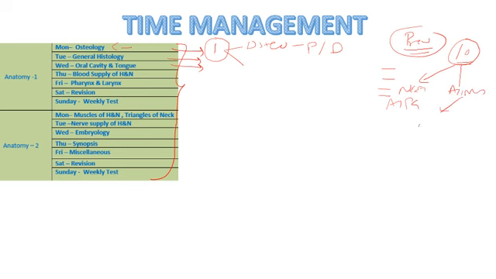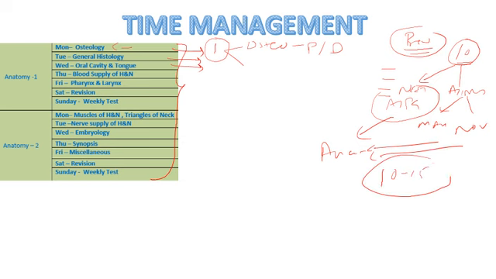In AIIMS also, you have May and November AIIMS papers. Now, among these dental and medical books, you see the Anatomy subject. So I guess on an average in all these papers there will be somewhere 10 to 15 questions.